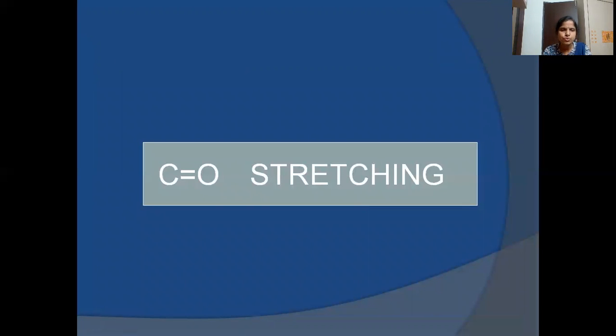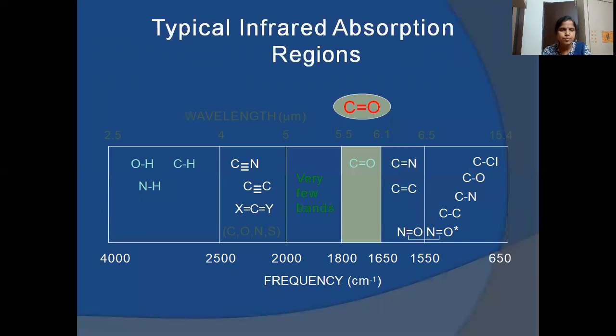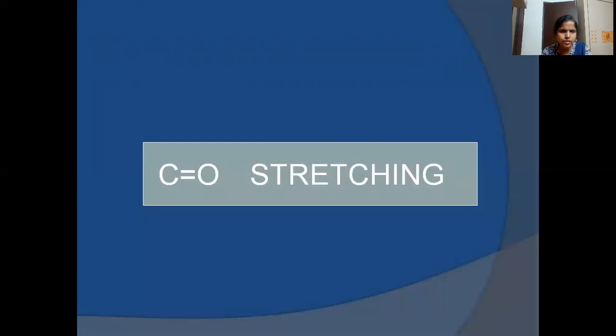Then C double bond O stretching vibrations. Now this is very important. So we'll take this part, C double bond O, in our next class. Till now we have seen the various stretching vibrational frequencies of OH, that is alcohol and carboxylic acid, NH, that is for primary, secondary and tertiary amines and how to distinguish them, and then CH, that is alkanes, alkenes and alkynes.